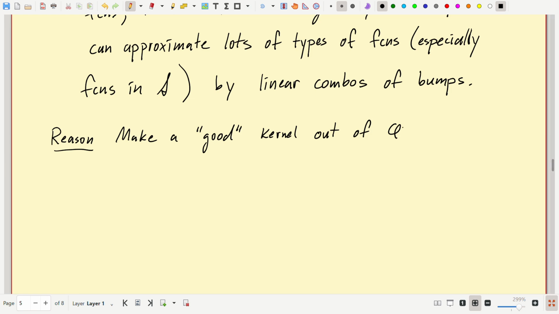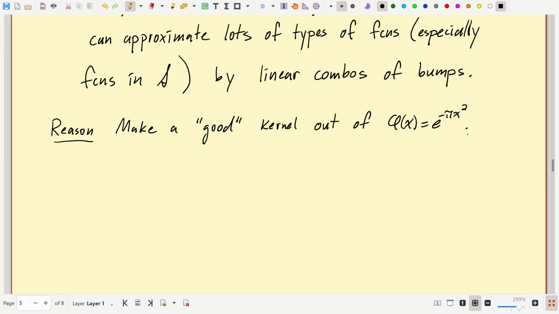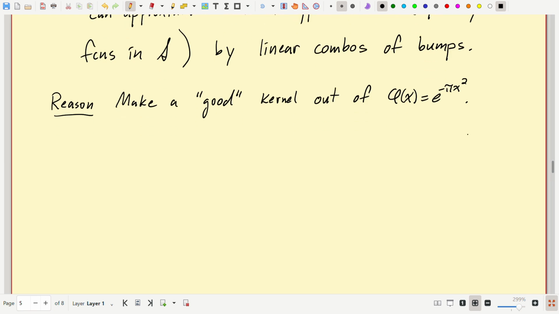let's see, phi of x equals e to the minus pi x squared. Then I would have phi sub epsilon. Remember how I did it. Phi sub epsilon is 1 over epsilon phi of x over epsilon. I've done this before.